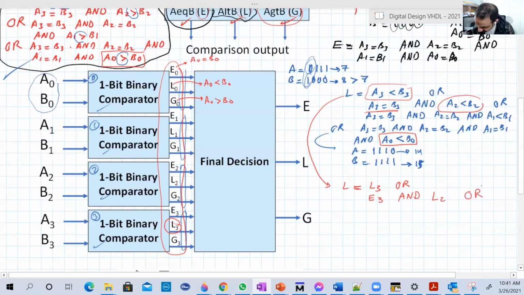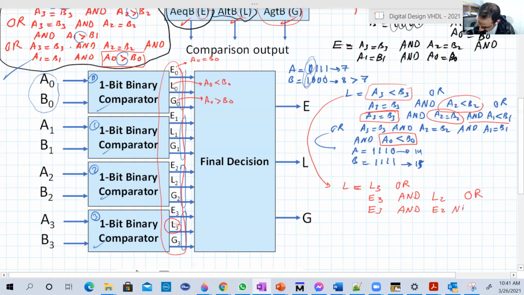Or A3 is equal to B3, so this is E3 again, and A2 equal to B2, this is now E2, and A1 is less than B1, which is L1.